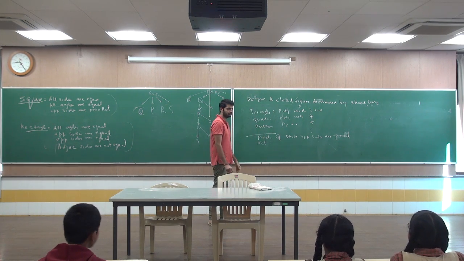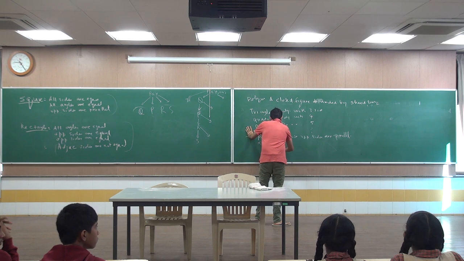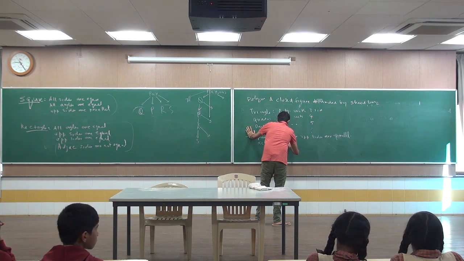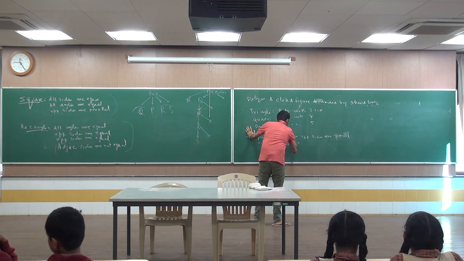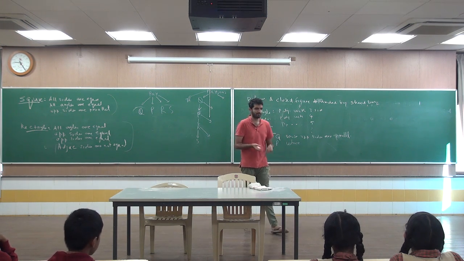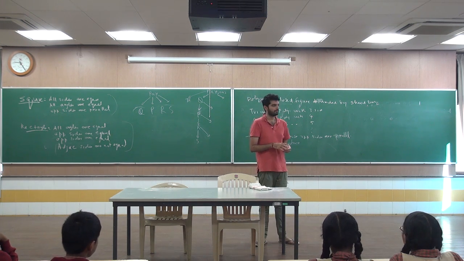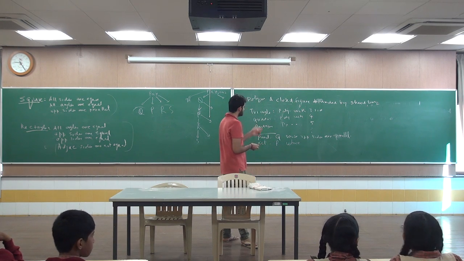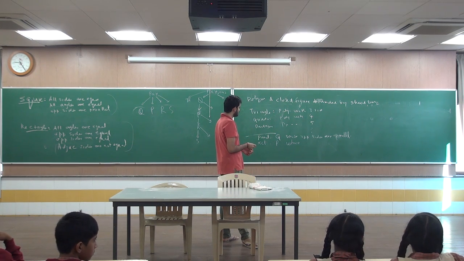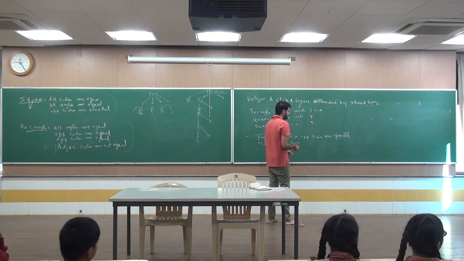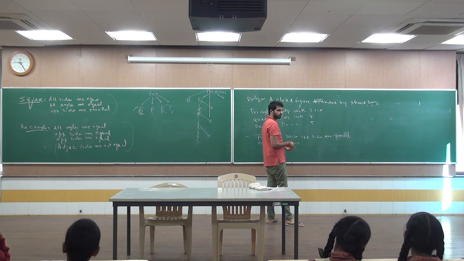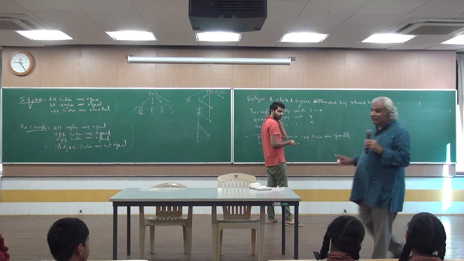Rectangle? I didn't give the shortest. Opposite sides are equal, opposite sides are parallel. You said that already. A parallelogram with opposite sides equal.